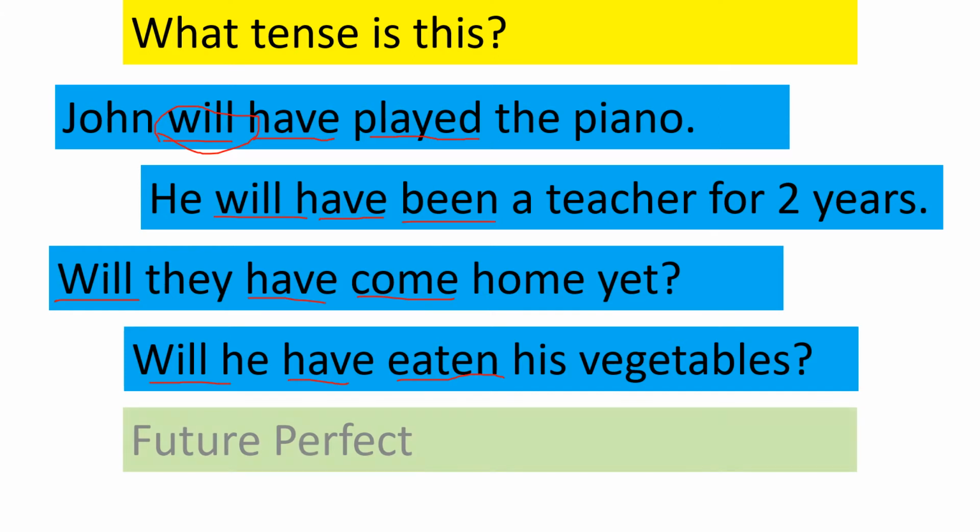We have our future perfect. Hopefully you can recognize that that is it there. And it must have the three parts in this one. One, two, three. Will have played. It can be shall have, but it's so rare that we use shall anymore. It's a very old-fashioned way of talking. Okay, so let's move on.